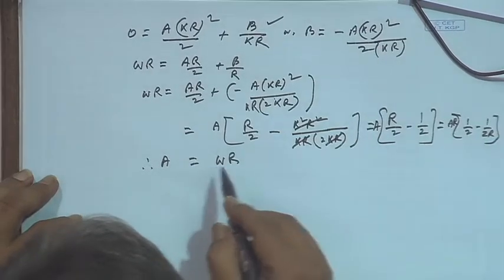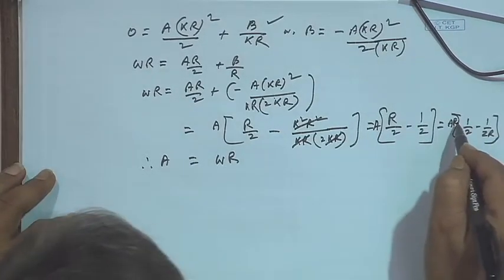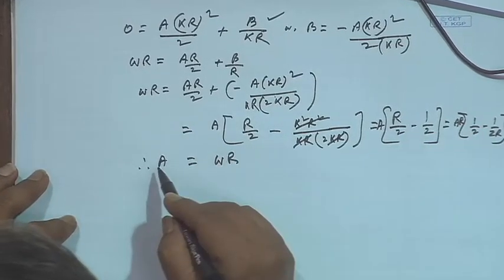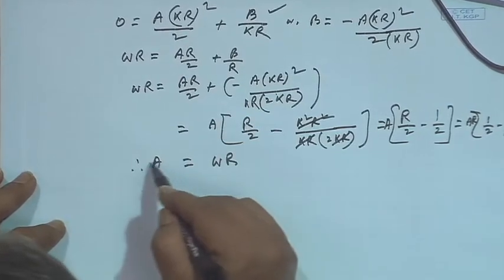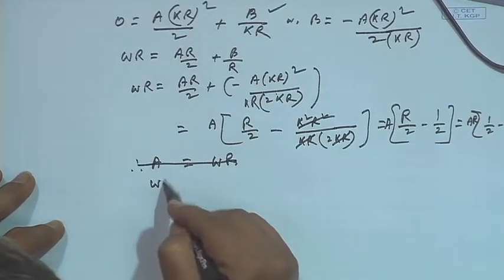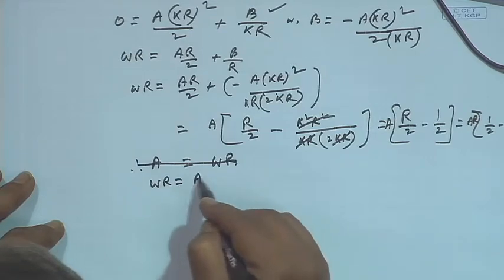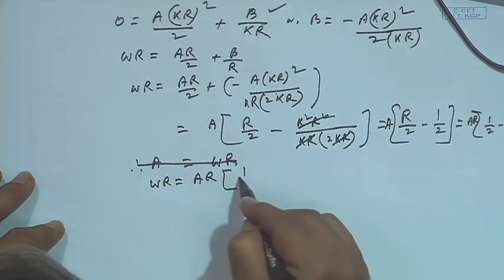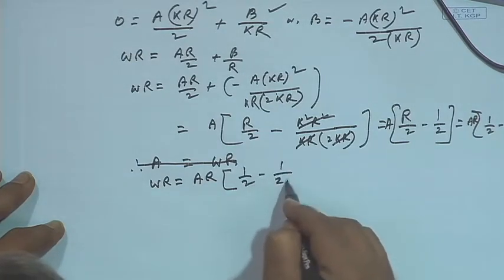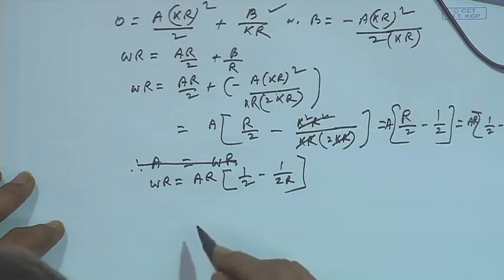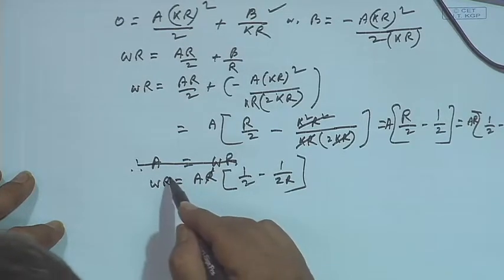From there, if we take out this R, we write again omega R is equal to A R into 1 by 2 minus 1 by 2 r. So, this R goes out.